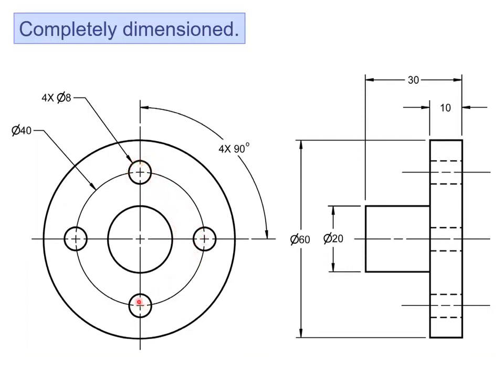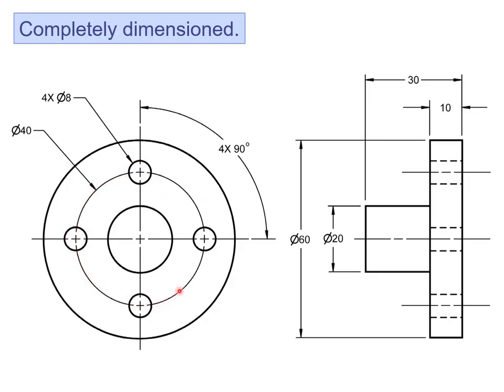We have 4 holes with the same diameter. That's why we use 4x, indicating that there are 4 holes. 4 times, or 4x, space, diameter of 8. So all 4 holes have a diameter of 8 units. And the 4 holes lie on a circular pattern.